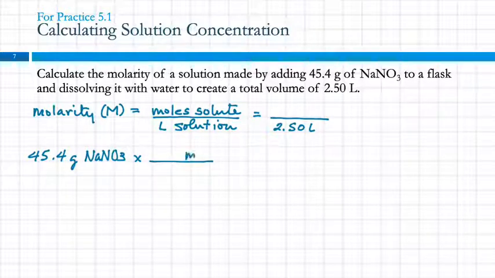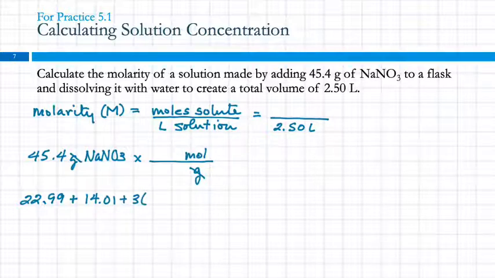So we'll multiply by moles and divide by grams. And the conversion factor we need here is the molar mass, the mass of 1 mole. So sodium is 22.99, and nitrogen is 14.01, and 3 oxygens.